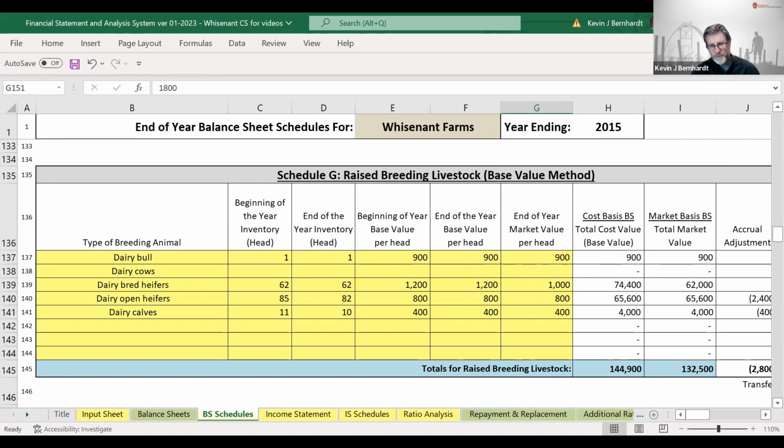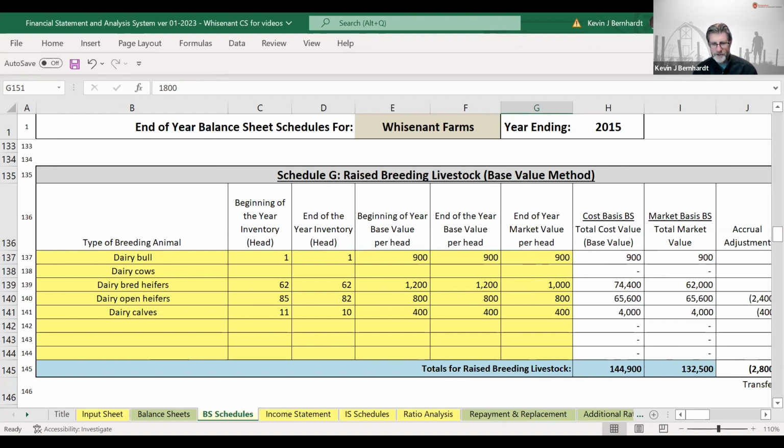The full cost absorption method for valuing raised breeding livestock is easier in concept, but it's much, much harder in practice. So the idea with it is that you would collect and keep track of all the costs that it took to raise that animal from the day it was born until it enters the breeding herd.